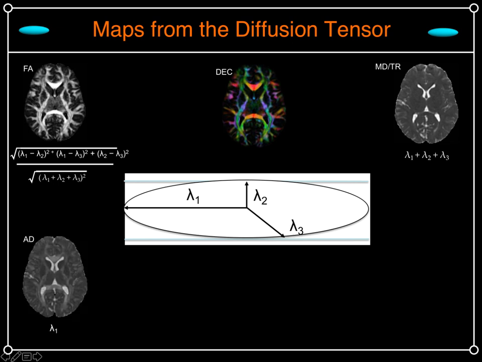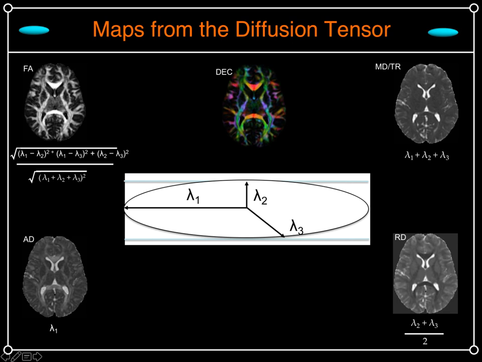This here is axial diffusivity. This is just the dominant diffusion displacement. This here is the radial diffusivity, which gives you a sense of how much diffusion is restricted perpendicular to the direction of the axons. And you can make inferences about whether a structure is myelinated and so on and so forth.